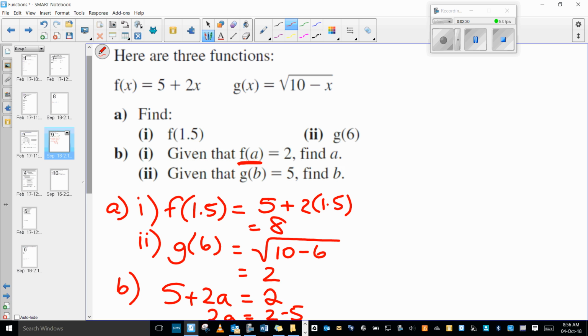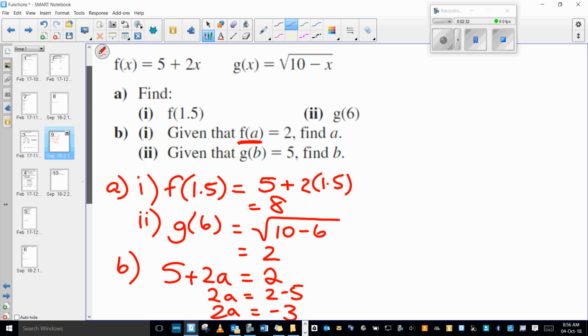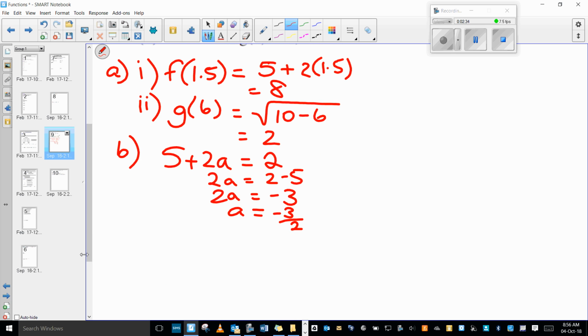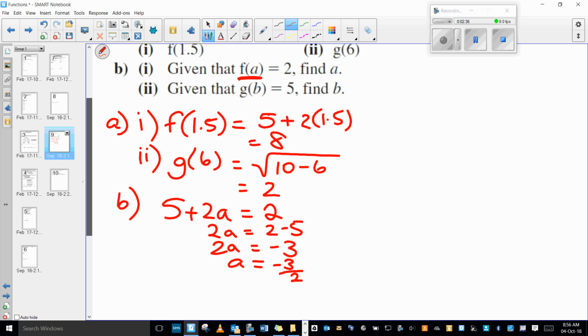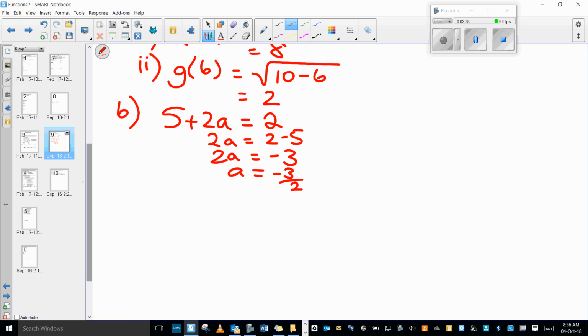What would I do for the next question? It says, given that g(b) equals 5, find b. So the square root of 10 minus b equals 5. Lovely. Can we solve this one, please?